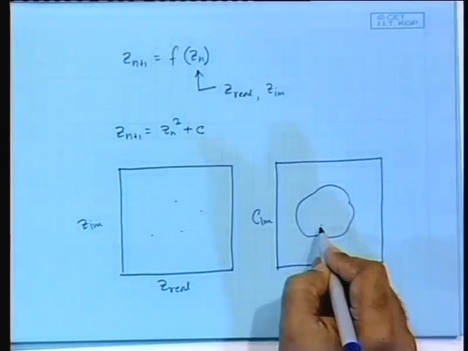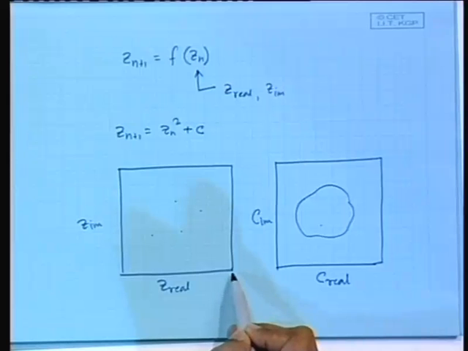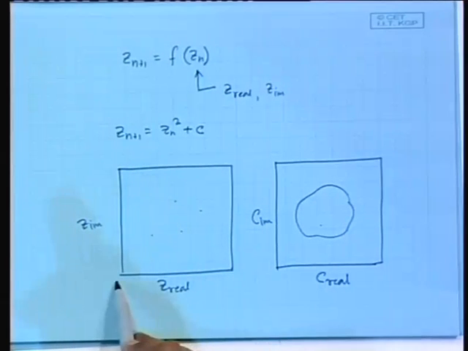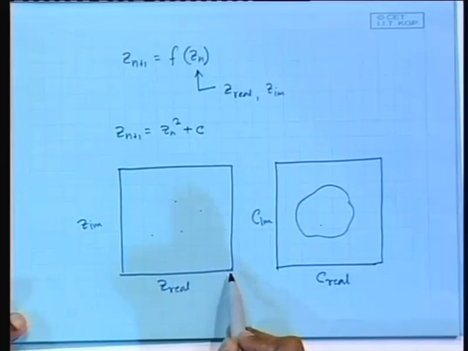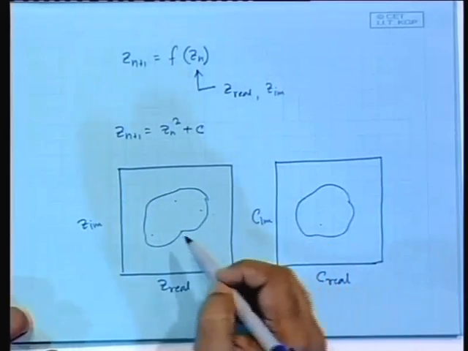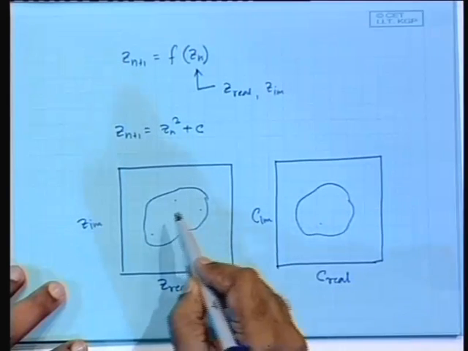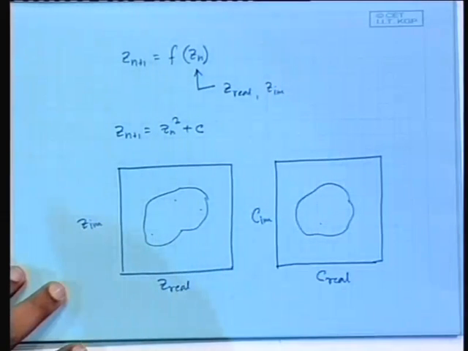And for each of these values of C, you might say that there should be some region in the state space, consisting of the real part of Z and the imaginary part of Z, some set, so that if the initial condition is here, it will remain bounded. If the initial condition is out, it will go out.